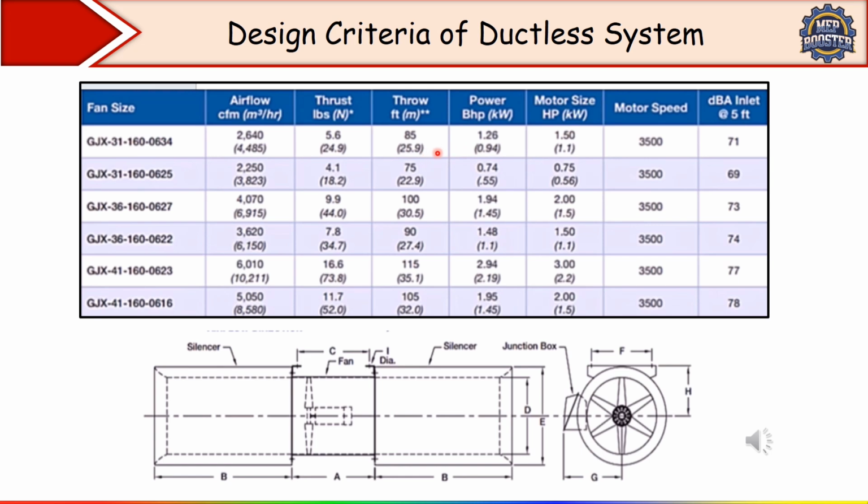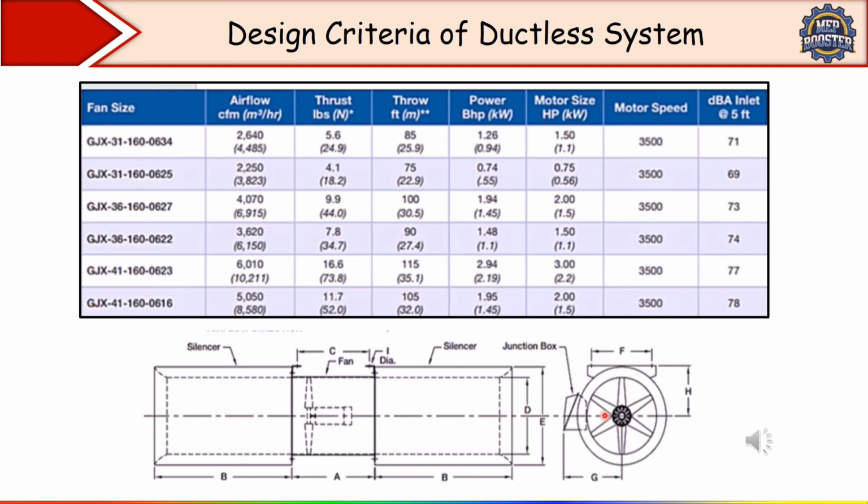Then power is 0.94 kilowatt or 1.26 bhp. Motor size is also given, 1.5 HP, motor speed, and noise level is also given.